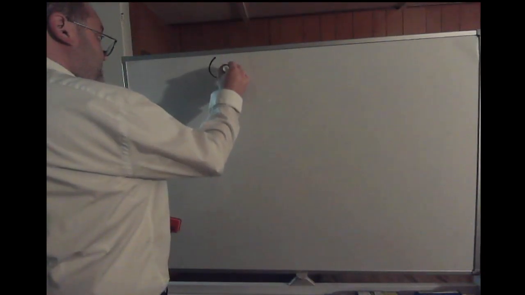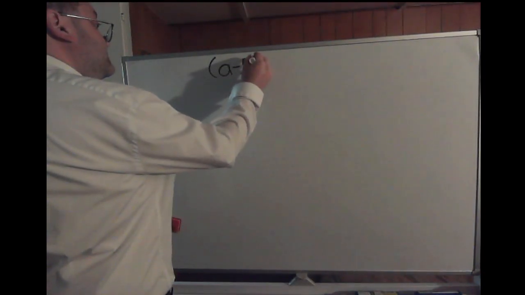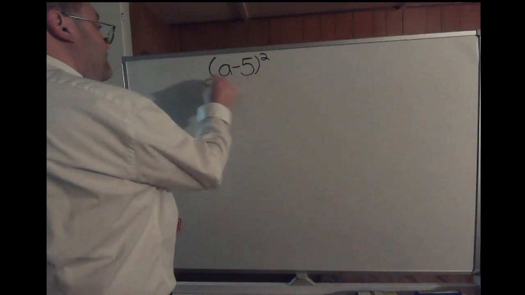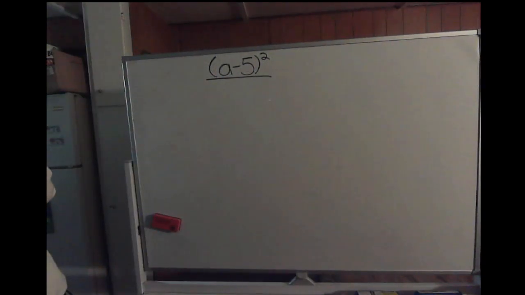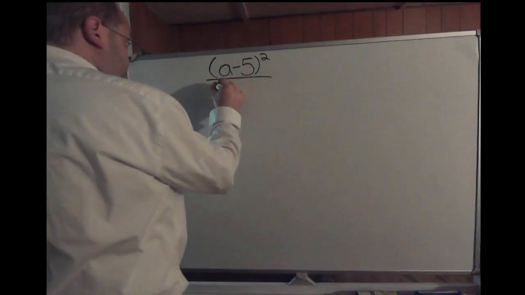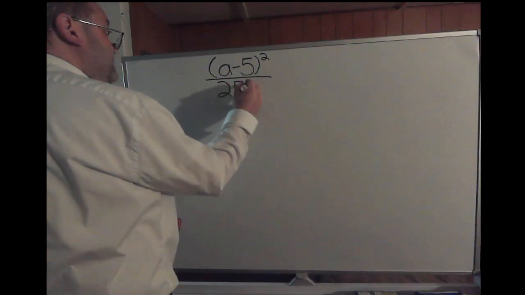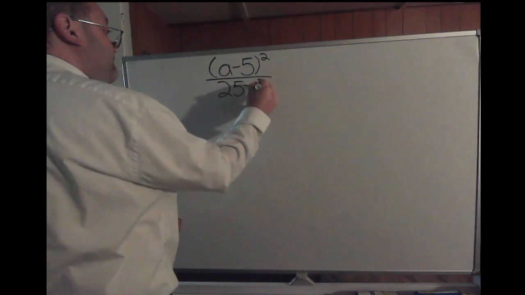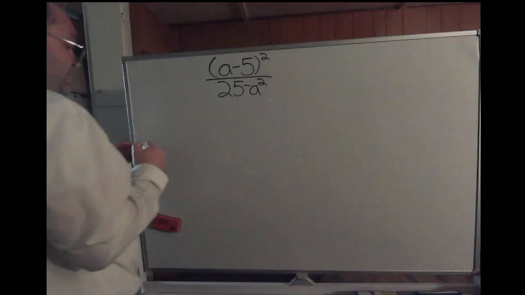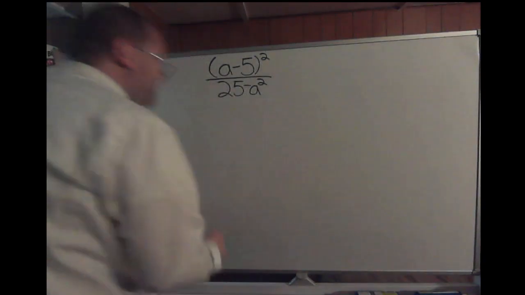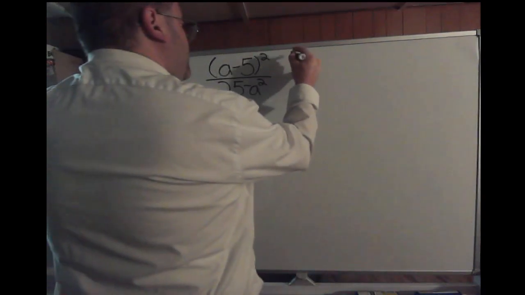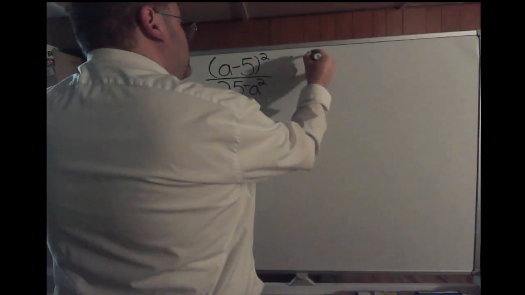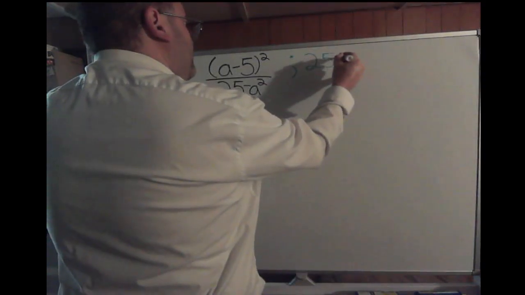Alright. We have a minus 5 to the second power all over 25 minus a squared. I would first take your denominator of 25 minus a squared, set that equal to 0.